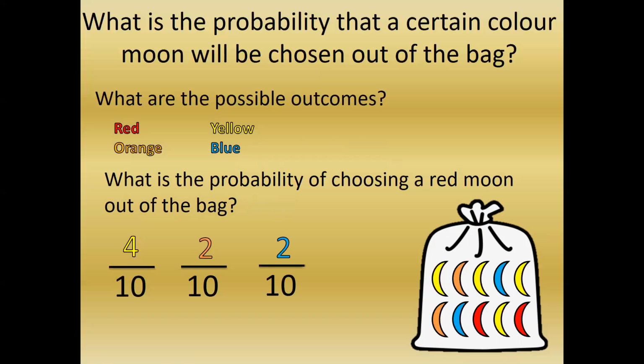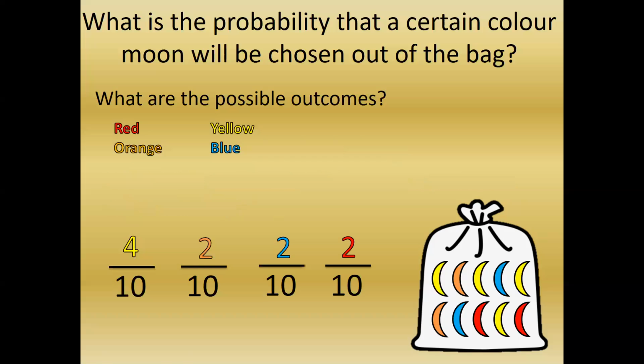Last but not least, we're going to look at the probability of choosing a red moon out of the bag. We have 10 because there are 10 moons in total. How many of those moons are red? 2, sorry. There's 2 red moons. So 2 out of 10 is the probability of choosing a red moon out of the bag.